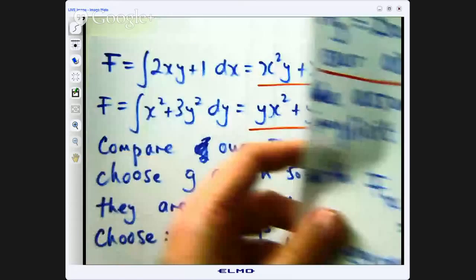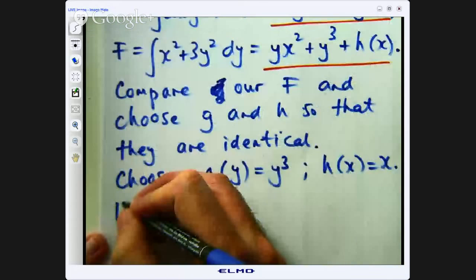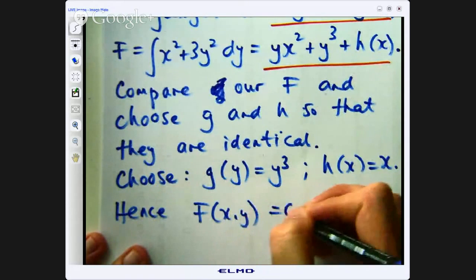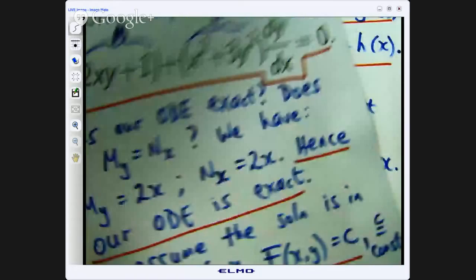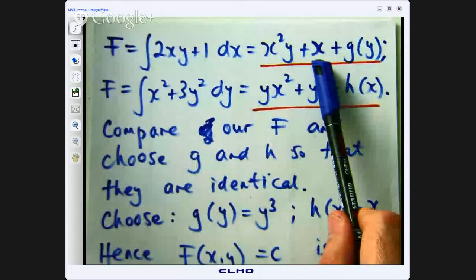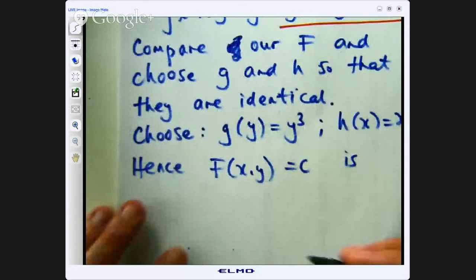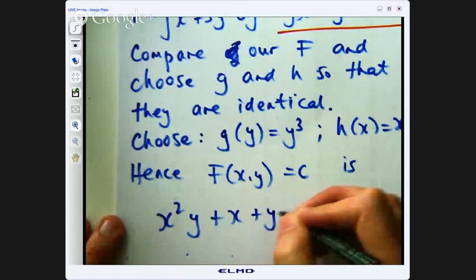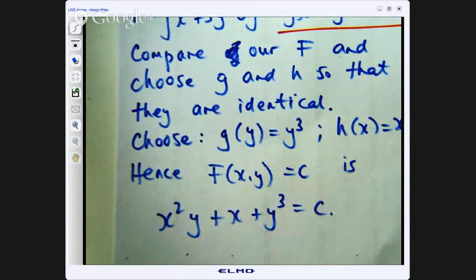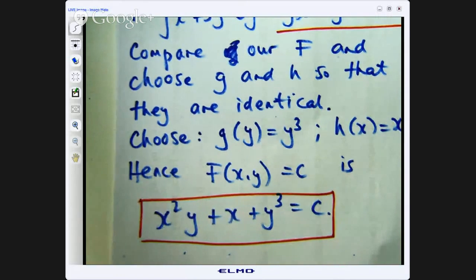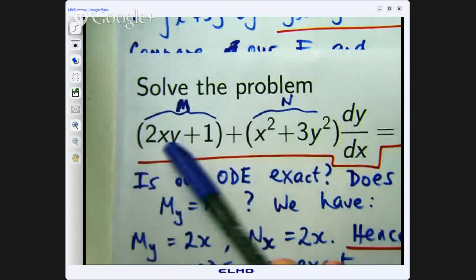Okay, so F is going to be, let's say, x squared y plus x plus y cubed equals a constant. Okay, so that is our implicit form of the solution to our original problem.